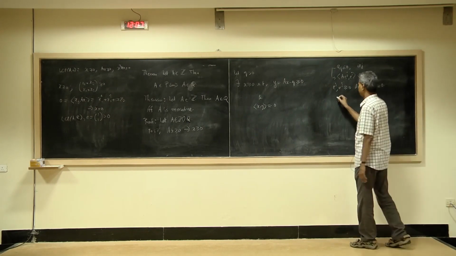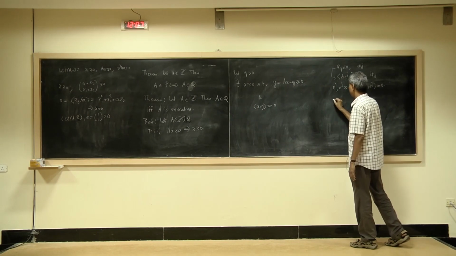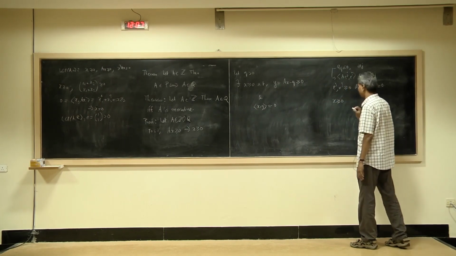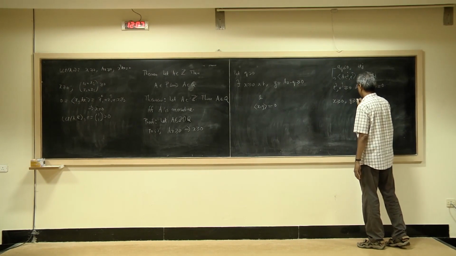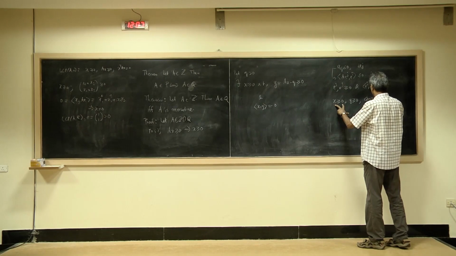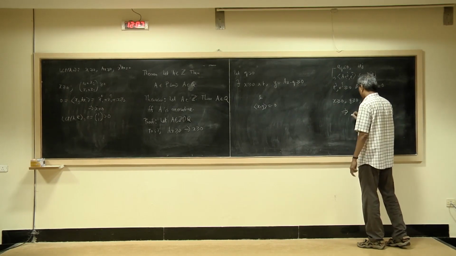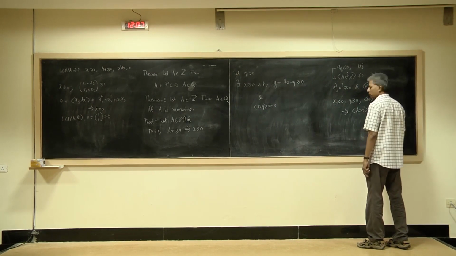I'll go to a very sweeping statement. I am saying that A is Z if and only if A satisfies: x non-negative, y non-negative, <x,y> equal to 0 imply <Ax,y> is less than or equal to 0.